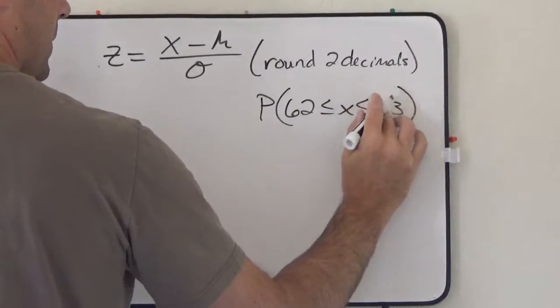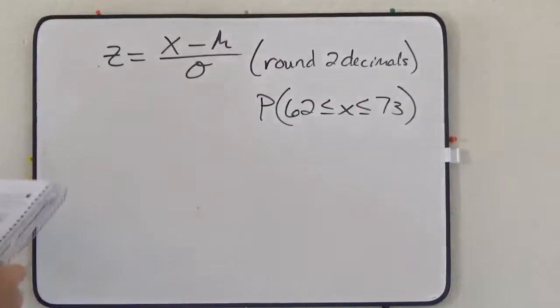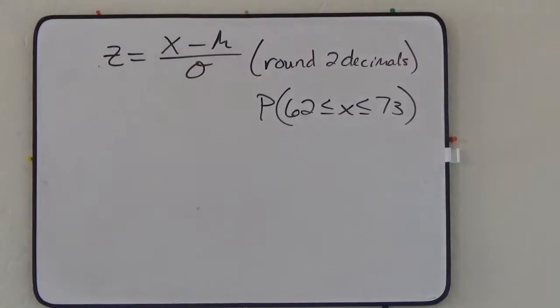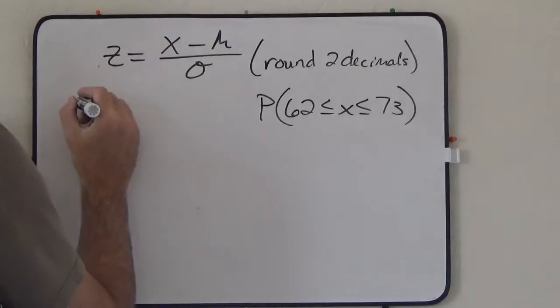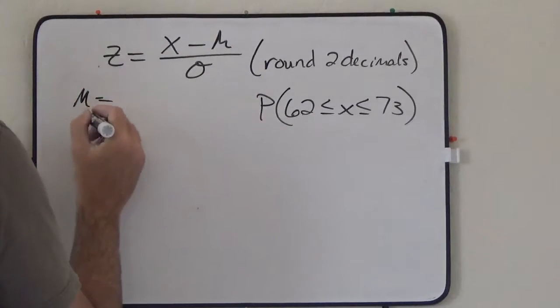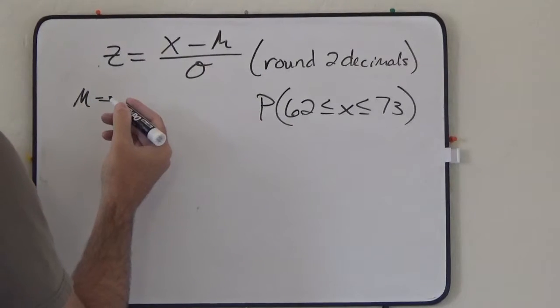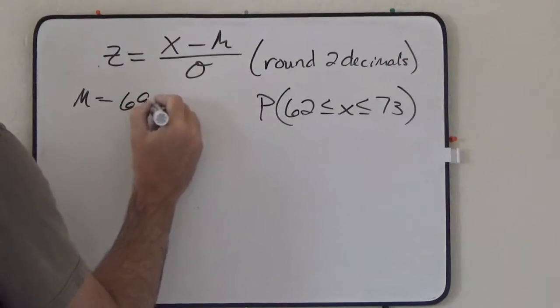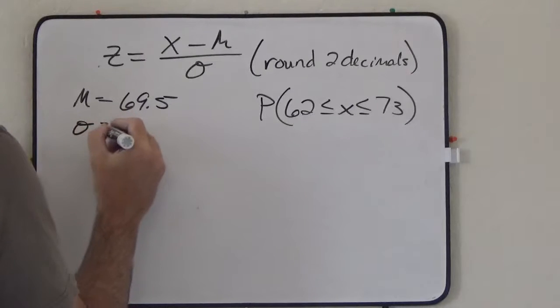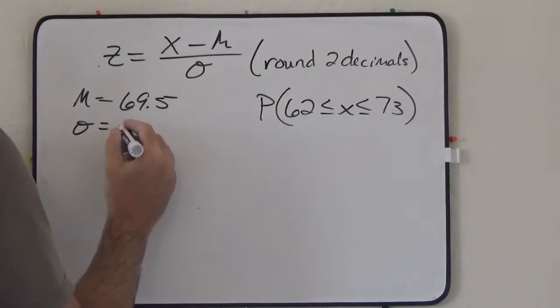Okay? So that's the probability we're looking for. Now, men's average height, or the mean, mu, is 69.5, and the standard deviation is 2.4.